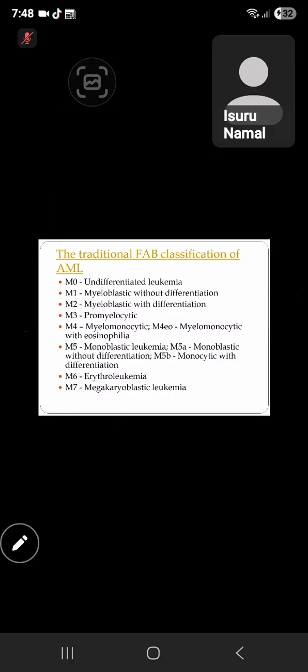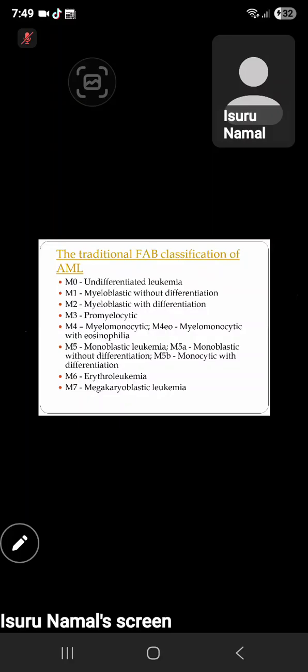M3, the major populations are promyelocytes. We will discuss the promyelocytes in detail again. M4, myelomonocytic leukemia. You can see a lot of myelocytes as well as monoblasts and monocytes in your blood smear. Next one, AML-M5, which is called monoblastic leukemia.